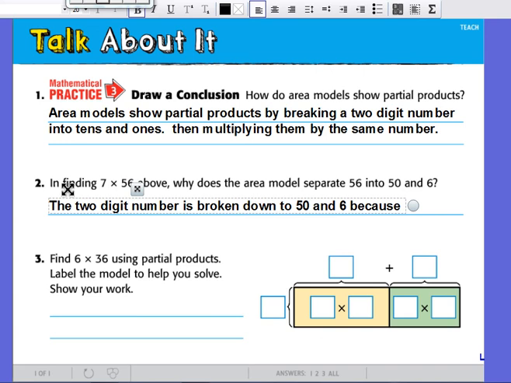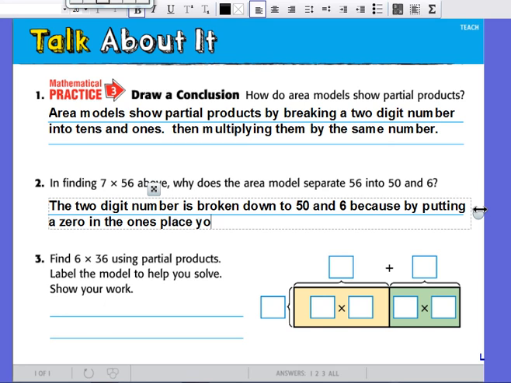Yes, because by putting a 0 in the ones place, you eliminate regrouping.